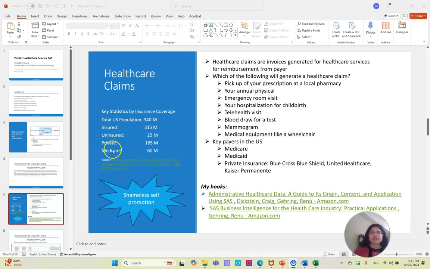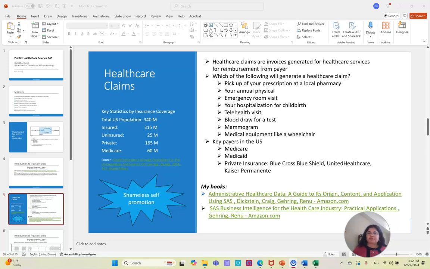to pay for the expenses of those catastrophic life events. Of the insured, private health insurance, most commonly given through your employer, includes examples like United Healthcare, the biggest one, Blue Cross Blue Shields of various states, Kaiser Permanente. Private health insurance is roughly half of the insured market.